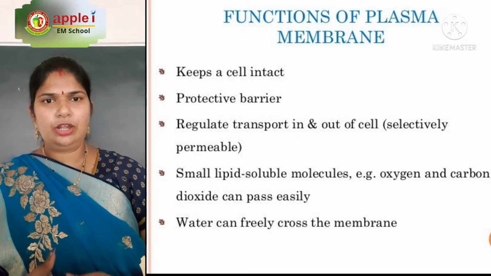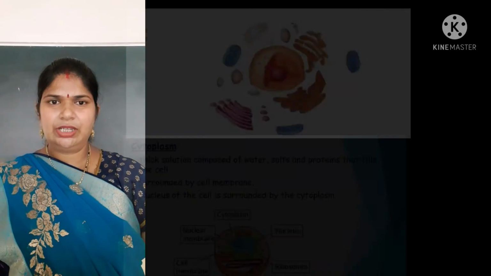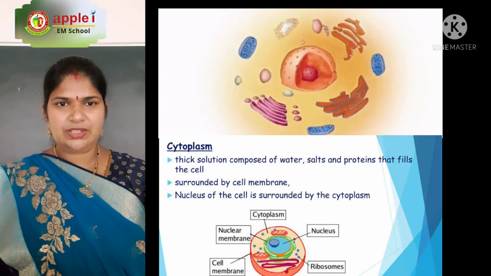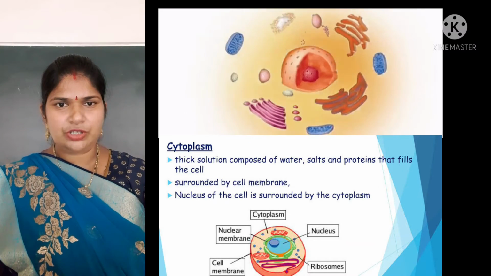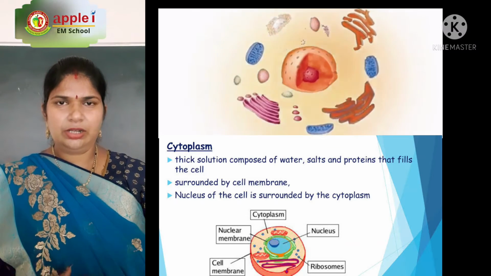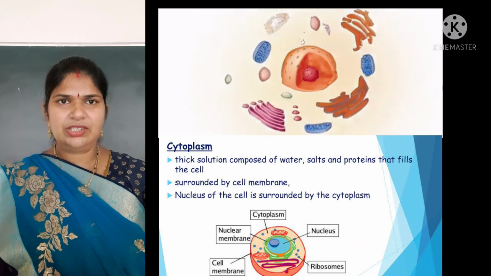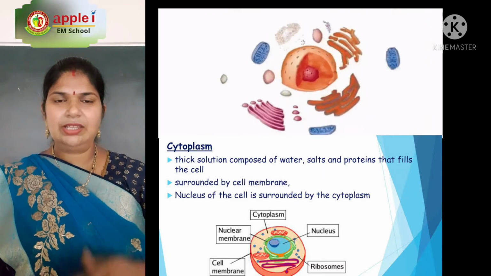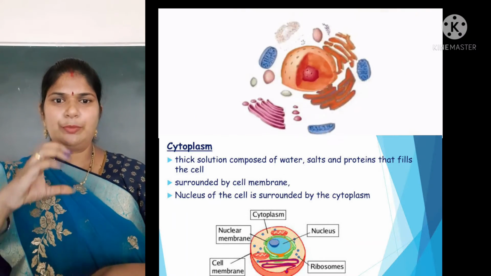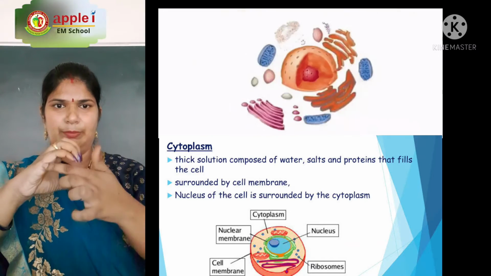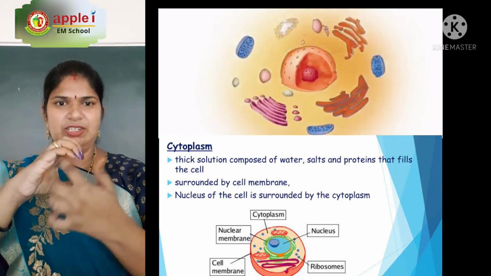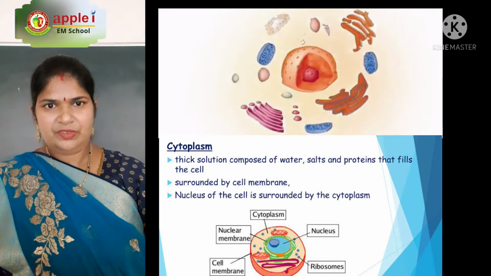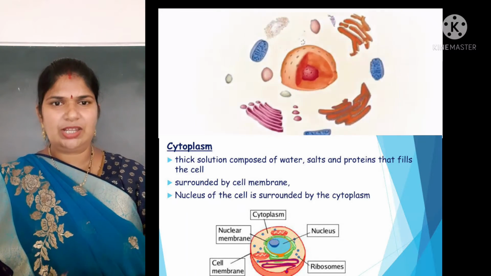Next, what is the second component of the cell, children? That is cytoplasm. So what is cytoplasm? Cytoplasm is composed of water, salts, proteins, etc. It is surrounded by the cell membrane. If this is a cell and this is the cell membrane, this middle spacious part is called cytoplasm.